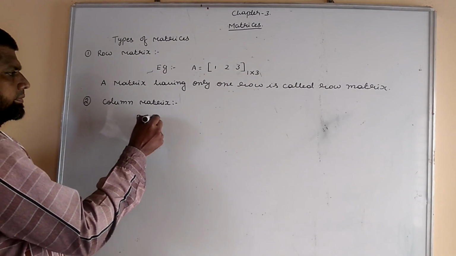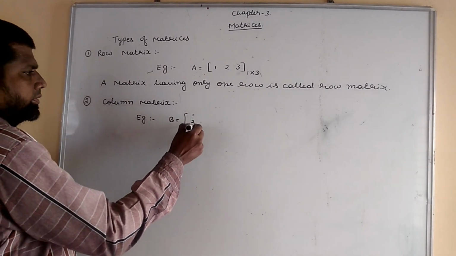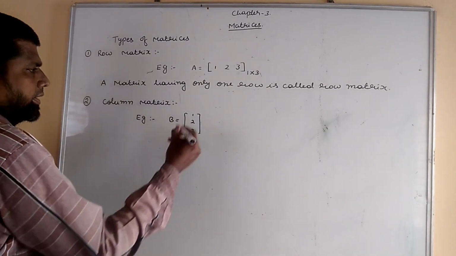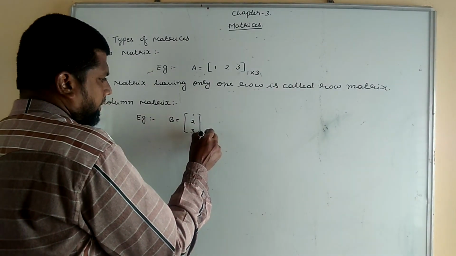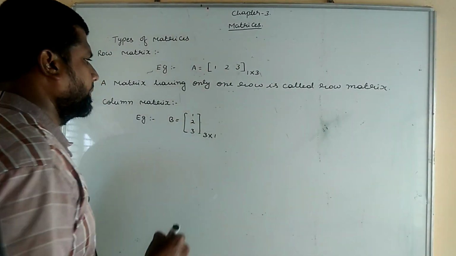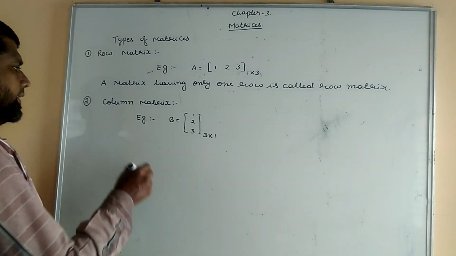Example: 1 2 3. In this, the order is 3 rows, 1 column. By seeing this example, we can define the column matrix.